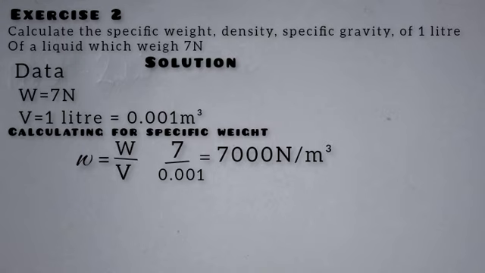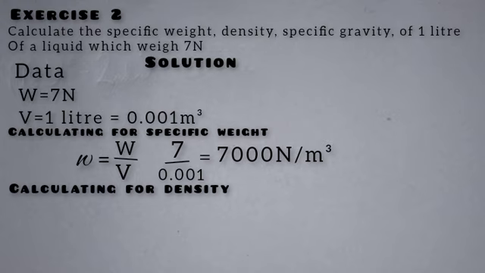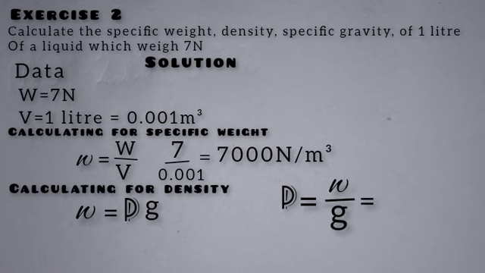Now, the next one, number 2, is to calculate the density. We know that the specific weight is the density times the gravity. If you make the density the subject of the formula, we'll say that the density is the specific weight over gravity.